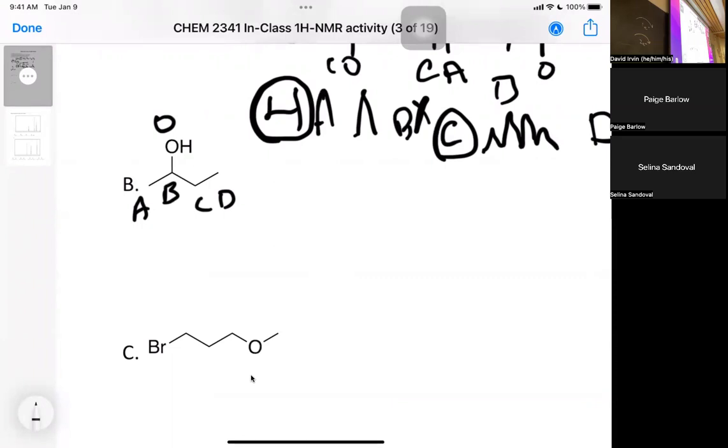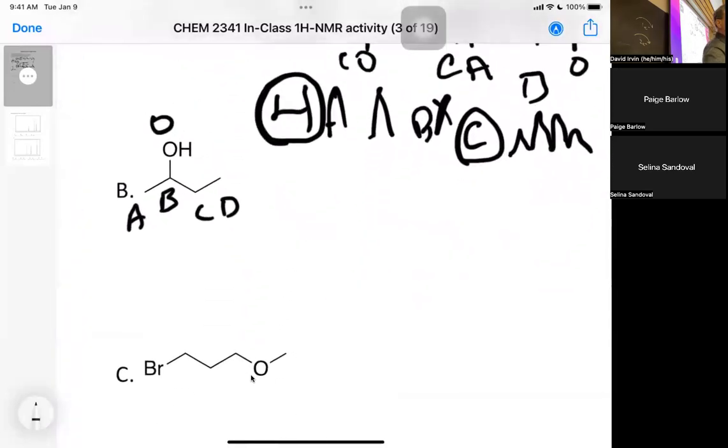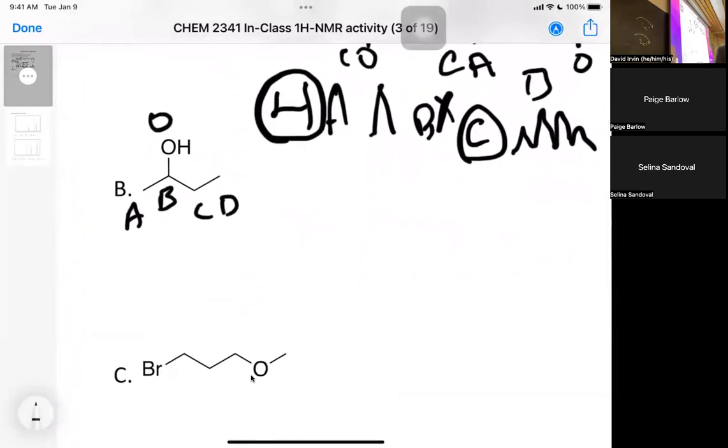We're only going to label it O. So we're going from A to O, A, B, C, D, O, to find the number of signals. How many signals do we have in this compound? 5, right. A, B, there's a hydrogen on B, don't forget the hydrogen on B. C, D, and then there's the one on the O. So we have 5 signals.